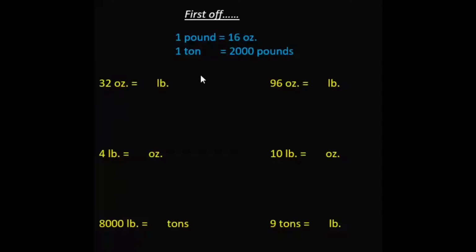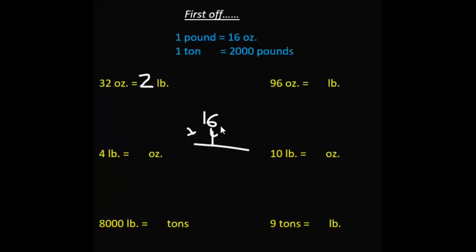So I know that 16 plus 16 is 32. So that means there are 2 lbs. Here, let me make that a bit brighter. There. Perfect. Next we have 4 pounds equals how many OZ? So all we have to do here, we know that 16 ounces is in 1 pound. So all we have to do is 16 times 4.